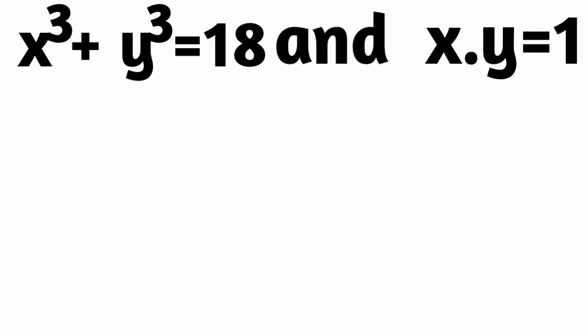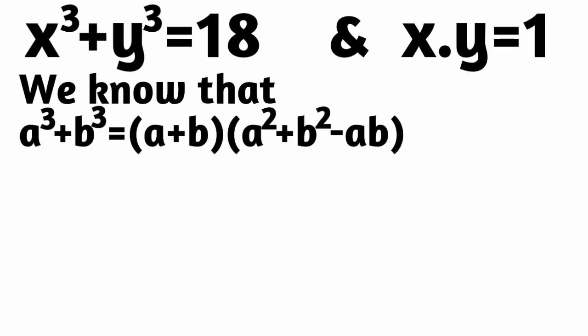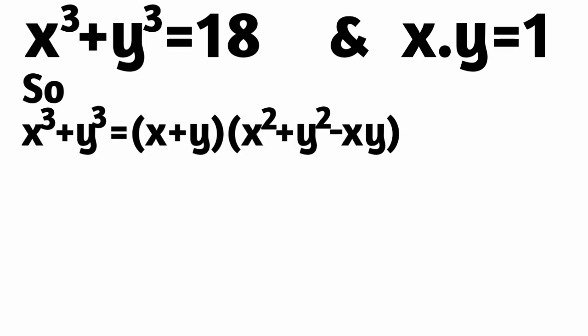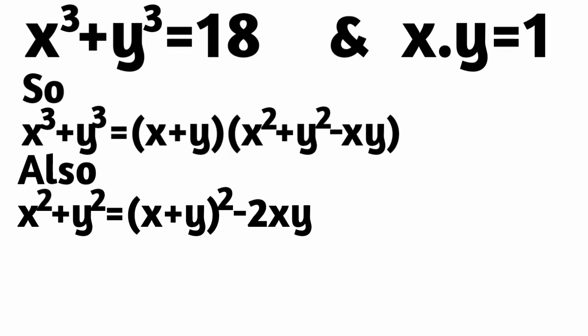Now we have to find the value of x cube plus y cube by using the formula a cube plus b cube, which is a plus b into a square plus b square minus ab. Replacing a and b by x and y, we write the same formula. We can also write x square plus y square as x plus y whole square minus 2xy.